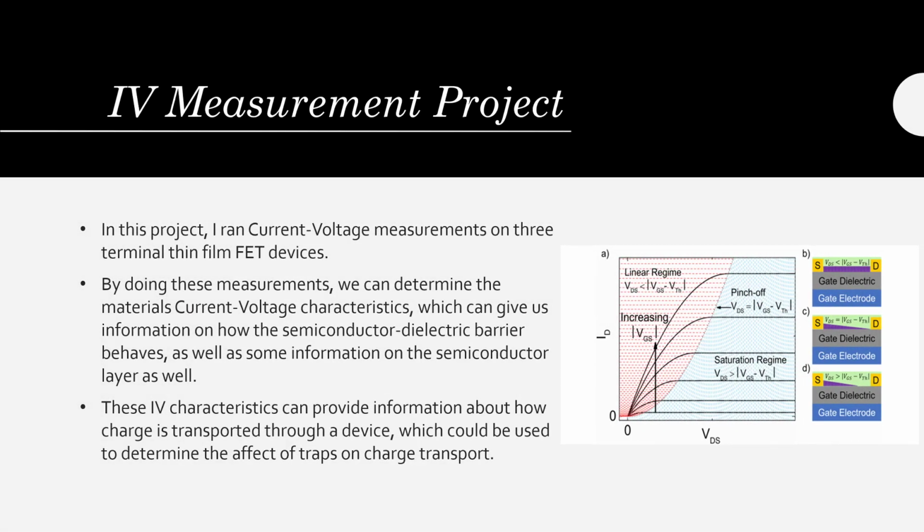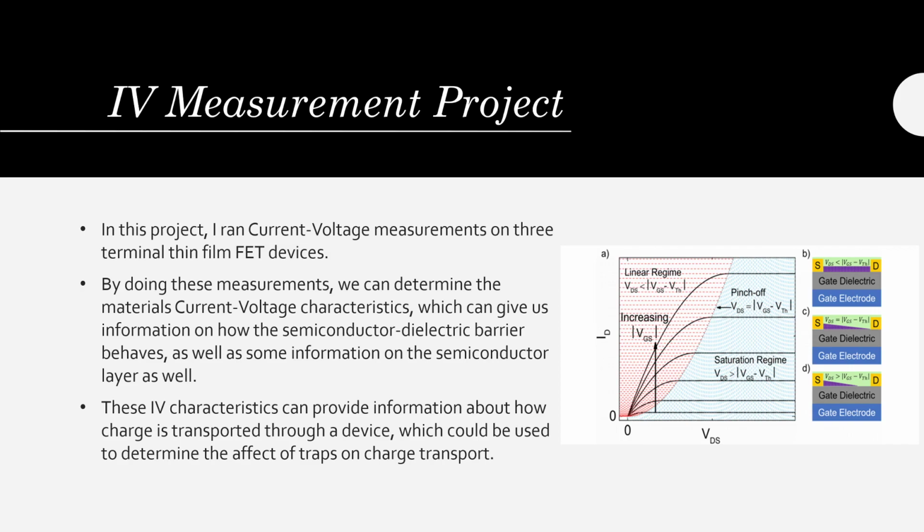In this project, I ran current voltage measurements on 3-terminal thin film FET devices. By doing these measurements, we can determine the material's current voltage characteristics, which can give us information on how the semiconductor dielectric barrier behaves, as well as some information on the semiconductor layer.